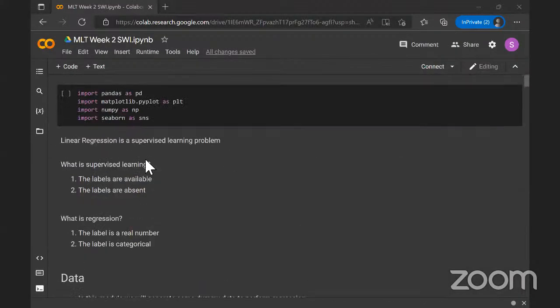So I have prepared a set of questions which are very similar to what has been done in the assignments as well as in the programming assignments. So we'll go through them one by one. I hope it is visible.